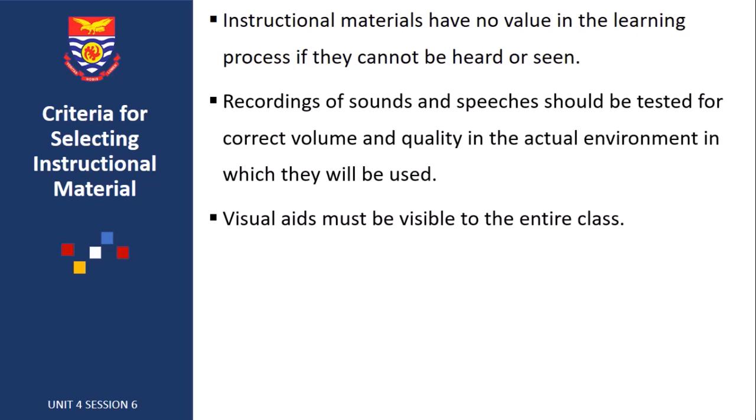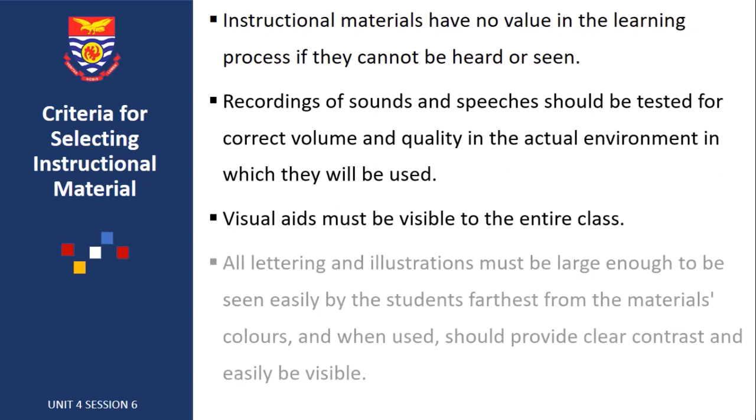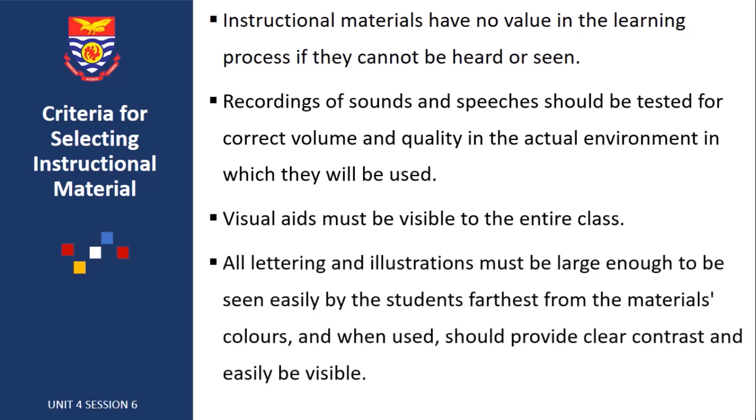So when you are using visual aids, ensure that everybody can see from it. And all letterings and illustrations must be large enough to be seen easily by the students farthest from the material. Color, when used, should provide clear contrast and be easily visible.